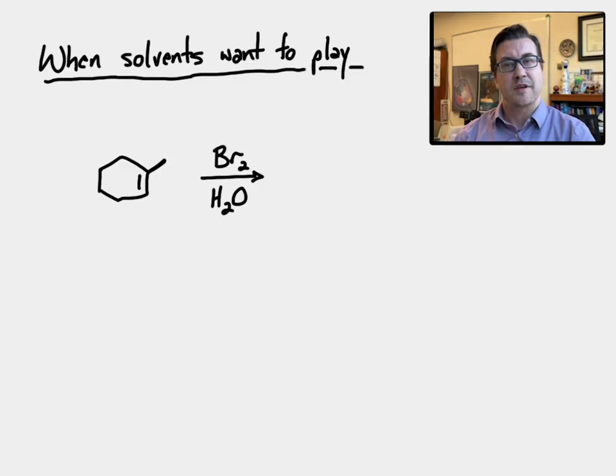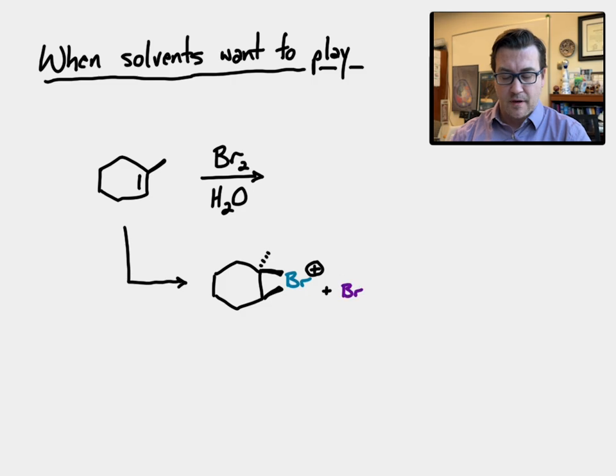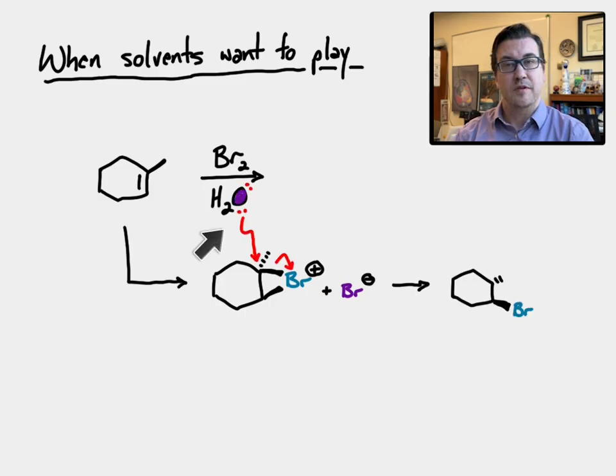So let's look at the case of halogenation with bromine when you have a solvent that can also participate in the reaction. Just like before, we would form the bromonium ion first, and mechanistically this happens just as you saw on the previous pages. Unlike the previous pages, there's another nucleophile present.